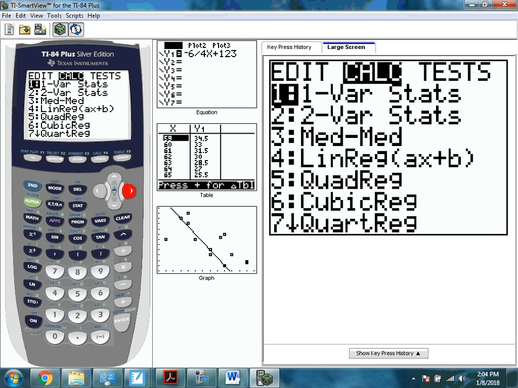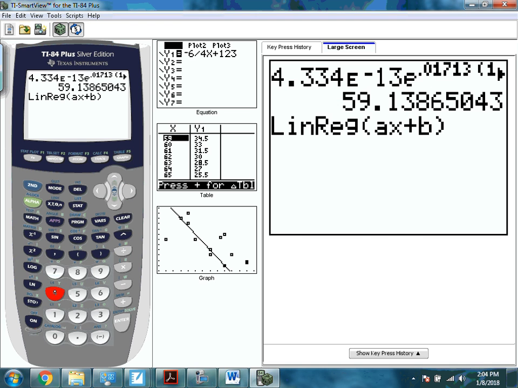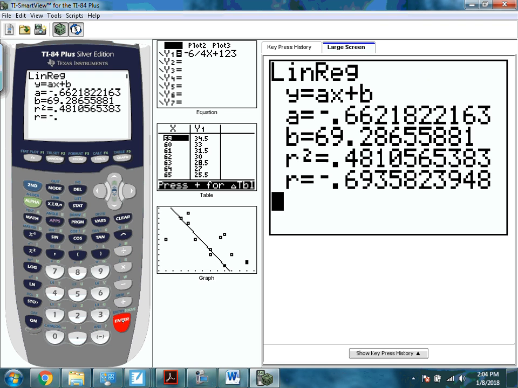That's the linear best fit line. So you're going to hit number 4. Now your screen might differ from my screen right now depending on your operating system. If yours has like L1, L2 and calculate there, you can just go down to calculate. I'm going to hit enter.